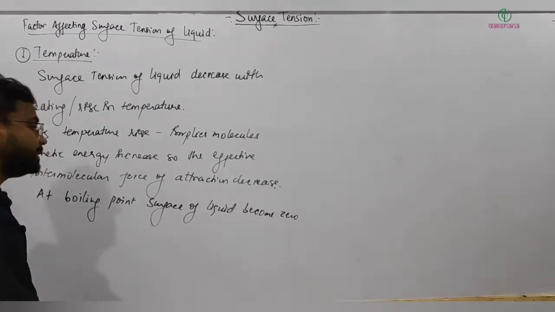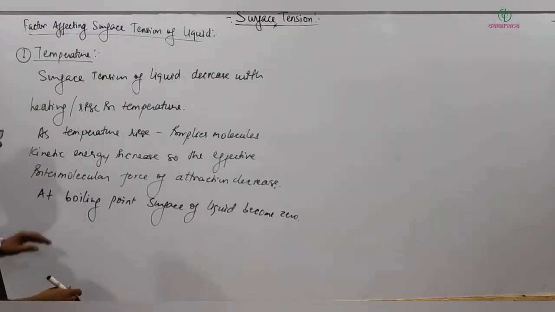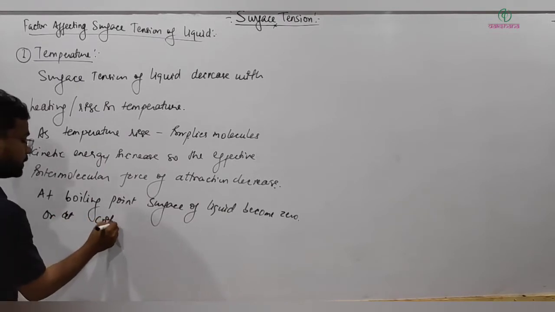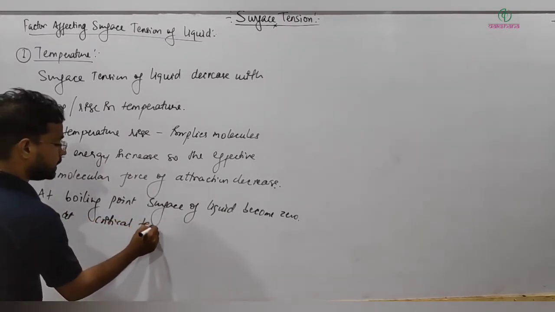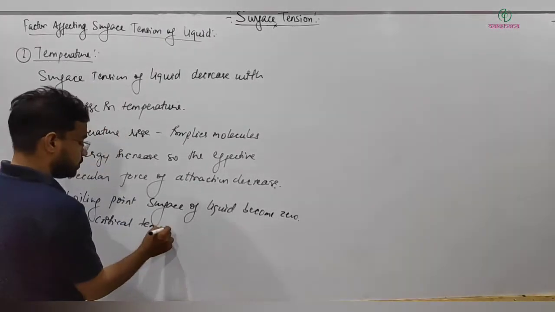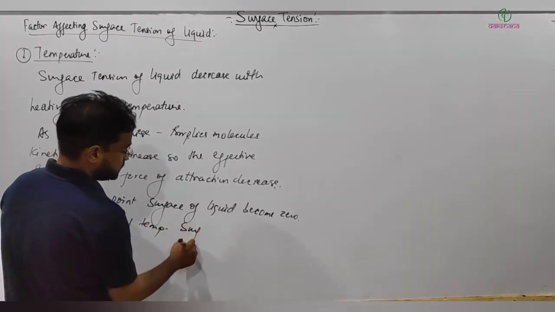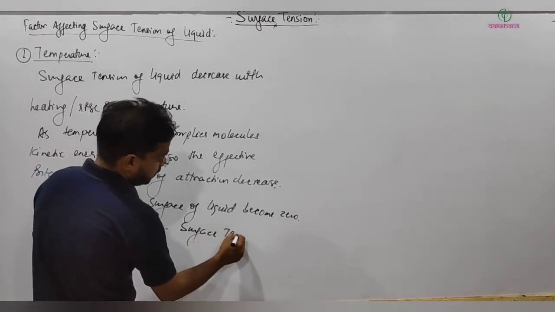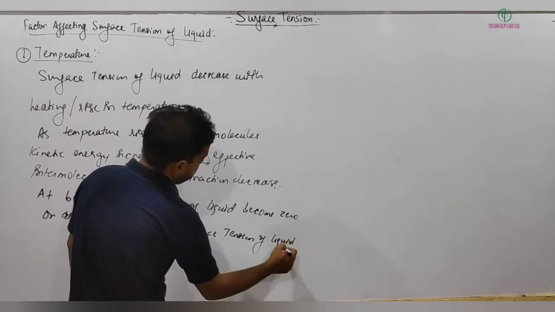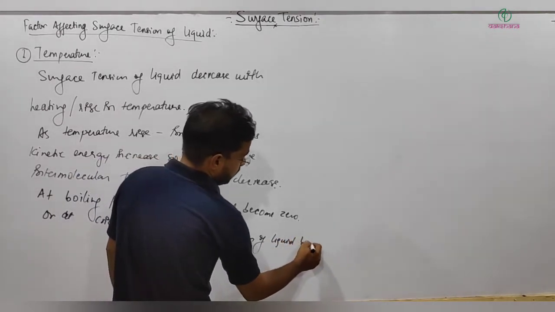We call it the critical temperature. Critical temperature is that temperature at which the surface tension of a liquid becomes 0.